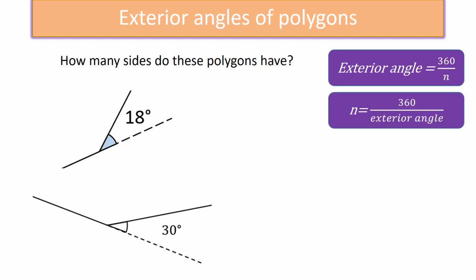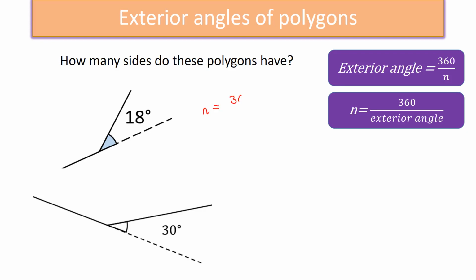Now let's have a look at a different type of question, when I know what the exterior angle is, but I want to work out how many sides a polygon has. In the first question, I've got the exterior angle, which is 18. I want to work out the number of sides, which is n.